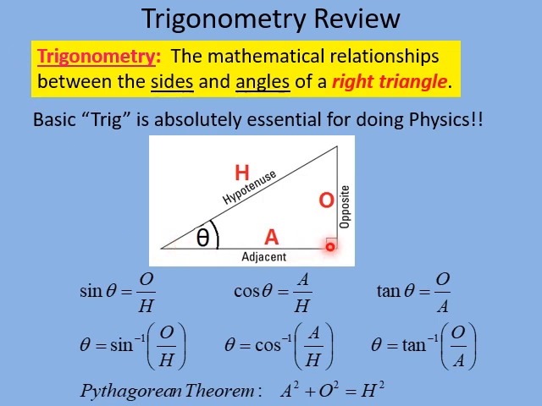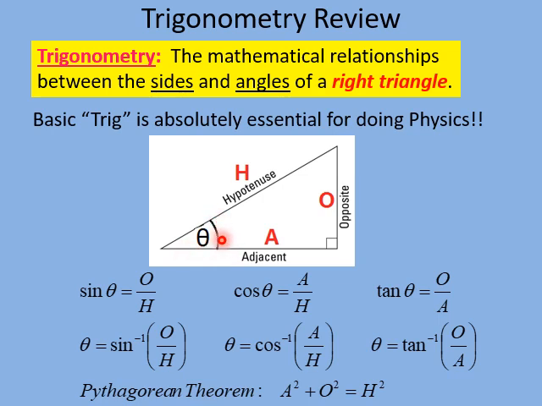Of course, a right triangle is characterized by the fact that it has a right angle. So here's our right angle down here, a 90-degree angle. And let's call this angle over here theta. So here we have our right triangle. If this is the angle theta, then the side that's opposite of this angle is called the opposite side. Makes sense, right? And this side down here is close to the angle.